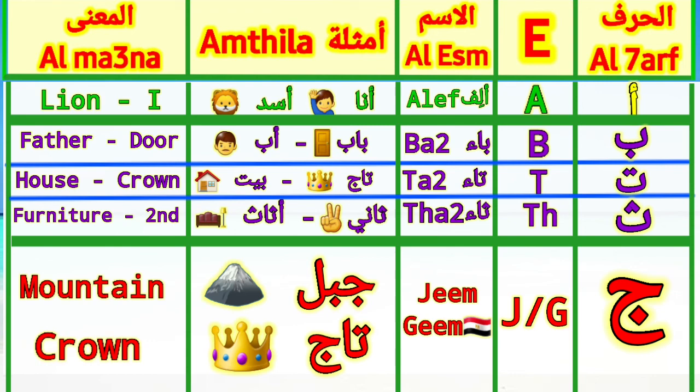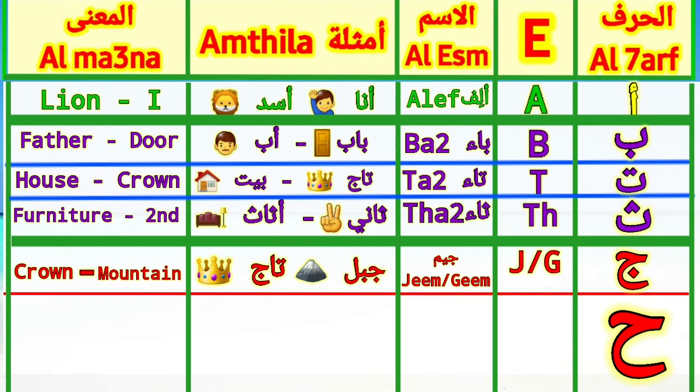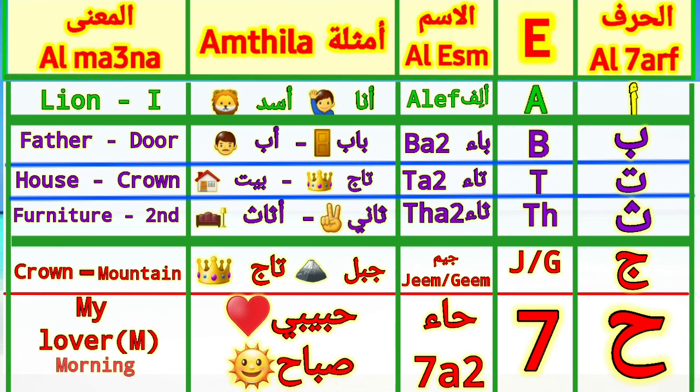In Fosha, pronounced Jabal and Taj. The next sister is Ha or Ha in Masri. There is no equivalent for it. It's a new sound, which is the number 7 in Franco-Arabic. The letter name is حاء. Examples: we said Habibi means my lover, addressing a male, and Sabah means morning.